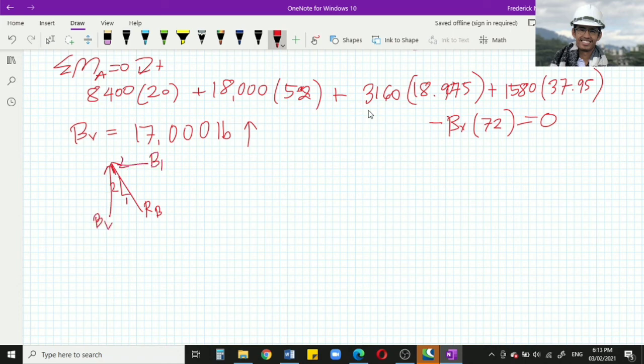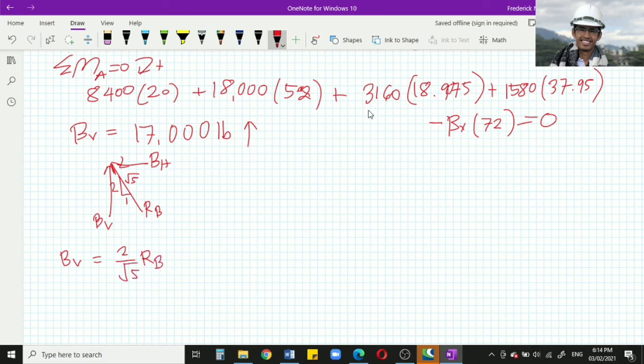So para makuha natin yung BH, sabi natin yung BV natin is equal to 2 over, so ano yung hypotenuse nito? That this will be square root of 5. Okay. 2 over square root of 5 ng RB.